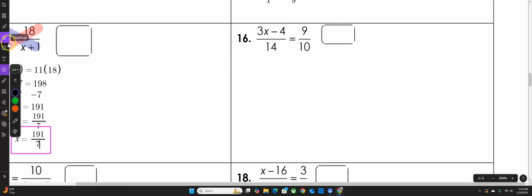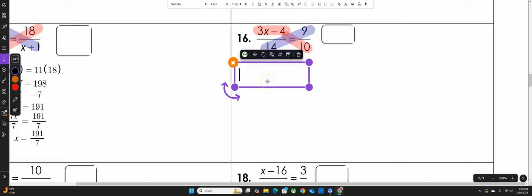So we have number 16, which is going to be 3x minus 4 over 14 is equal to 9 over 10. So again, we're going to take this binomial on the top of the left-hand side and multiply it by the bottom of the right-hand side. And then do the same thing with the bottom of the left to the top of the right.